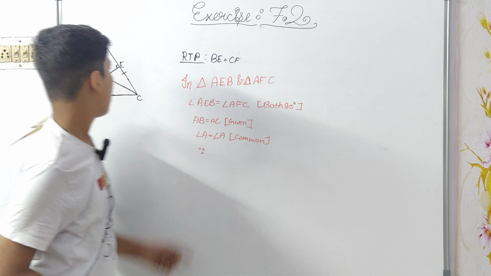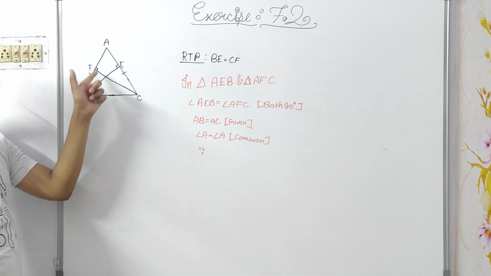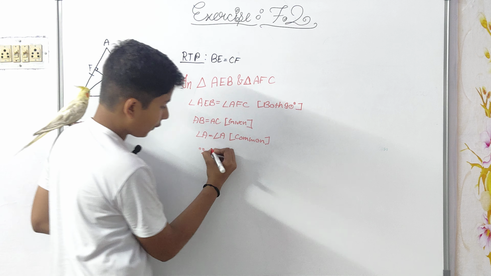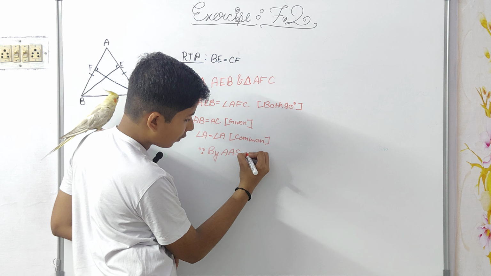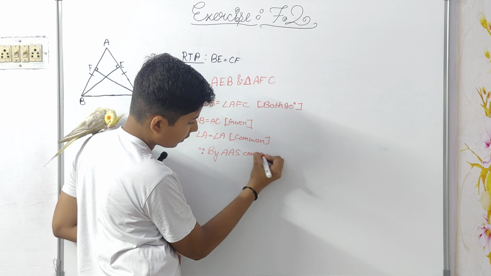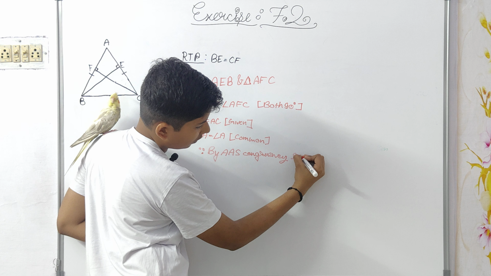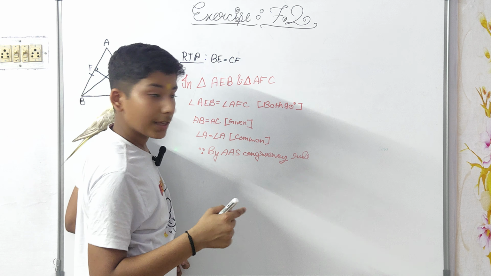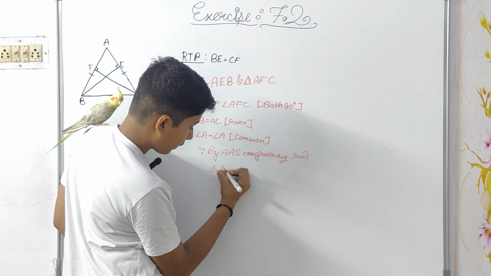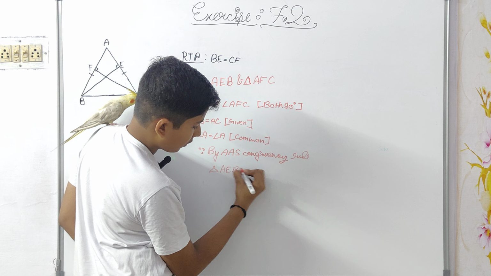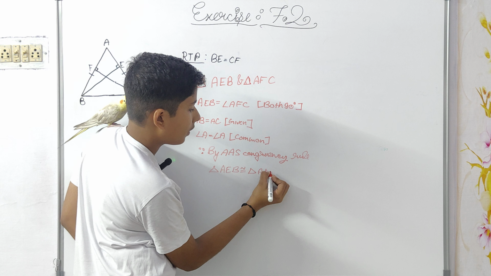Therefore, this angle, and this side. Angle, side. Therefore, by AAS congruency rule, triangle AEB is congruent to triangle AFC.